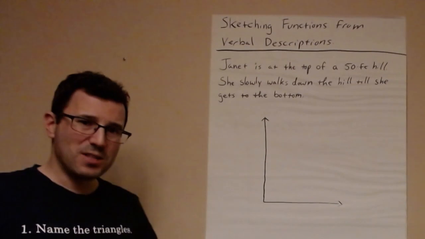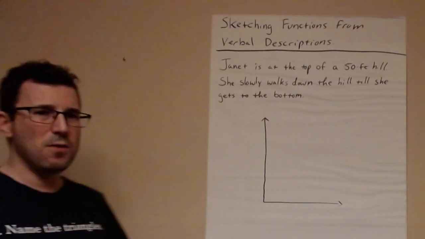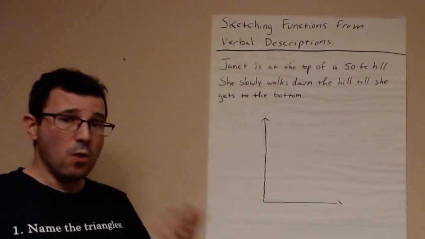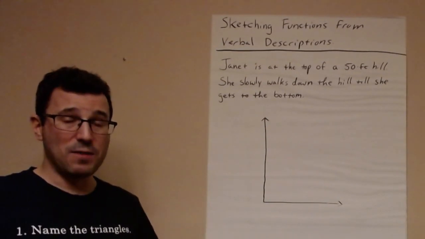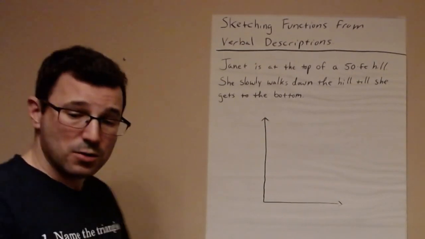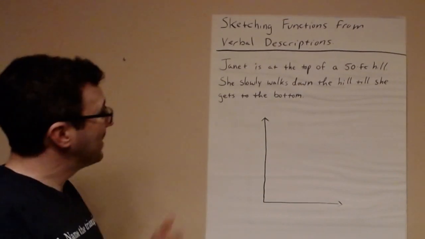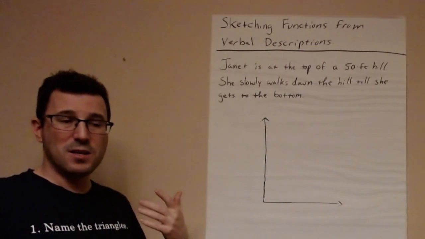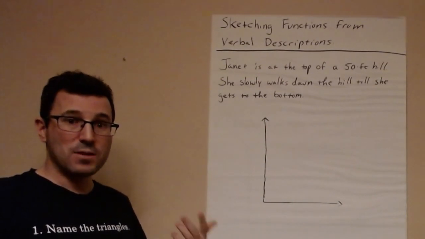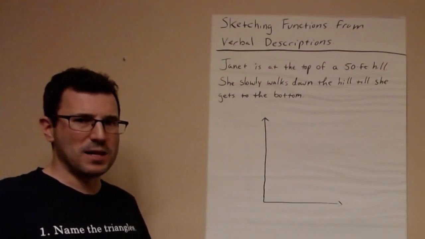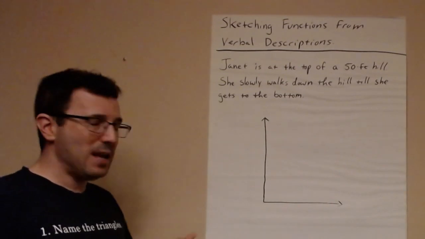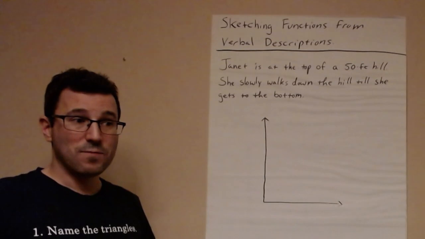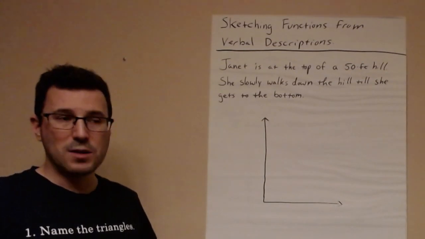The first thing I have to figure out is, what are the variables we're dealing with here? One of them is definitely the height of the hill. So I'm going to write the height of the hill. The height is going to be affected by something, and that something is usually time.